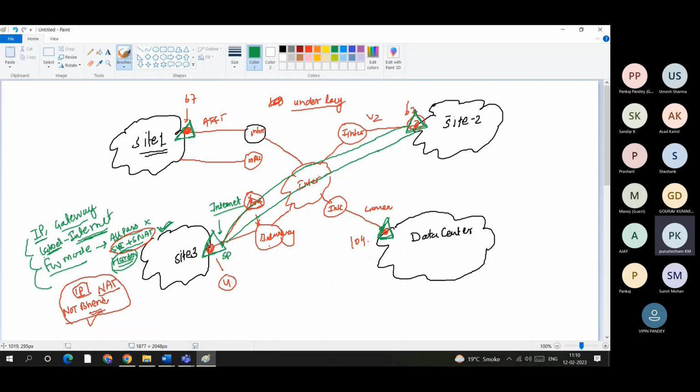So it will make tunnels to all 500 sites. These are the IPsec tunnels being made like this, and you can see these tunnels in the underlay. This is the underlay IPsec tunnel.